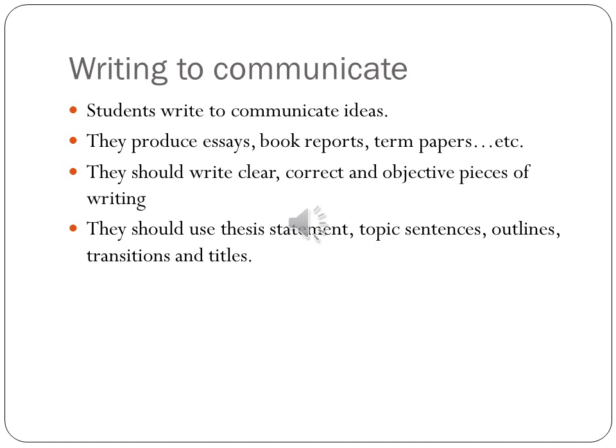In this category, students are supposed to write to communicate their ideas, to express themselves, and they produce essays, book reports, term papers, etc. They also should write clear, correct, and objective pieces of writing. They should use thesis statements, topic sentences, outlines, transitions, and titles.